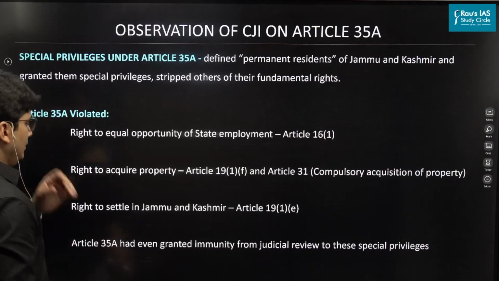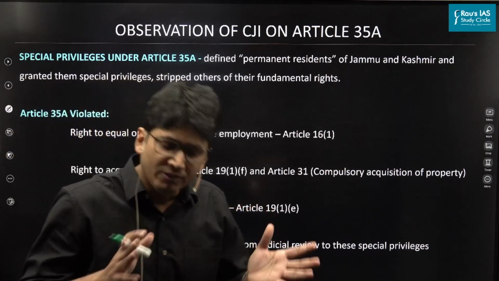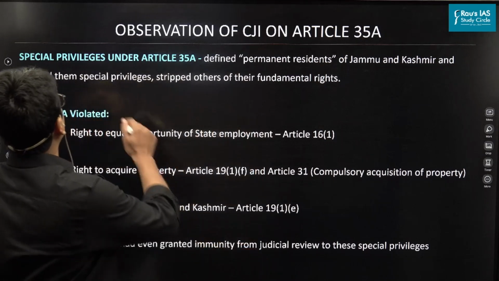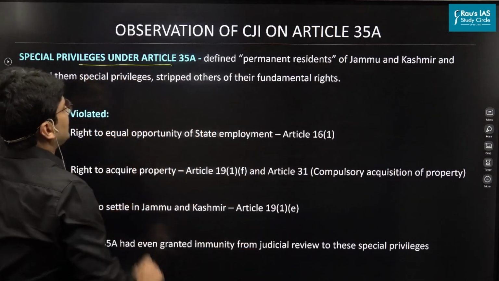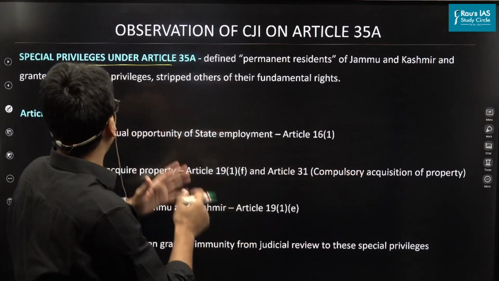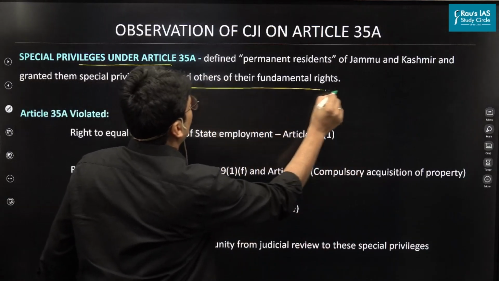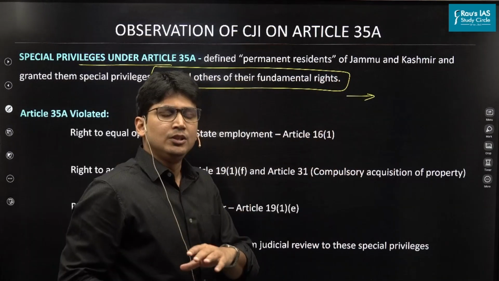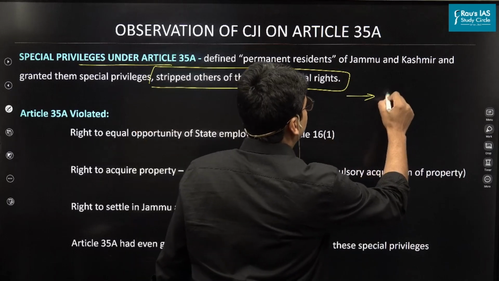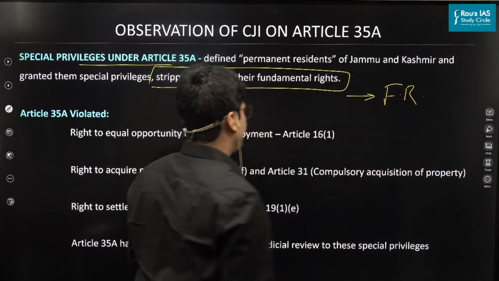So the Chief Justice, while concurring with the central government's arguments, stated that special privileges under Article 35A were given to the permanent residents and also stripped others of their fundamental rights. So one of the major arguments against Article 35A is that it is against fundamental rights.